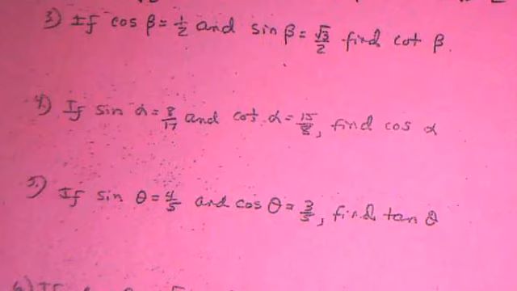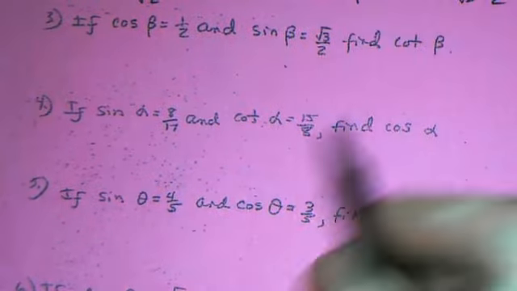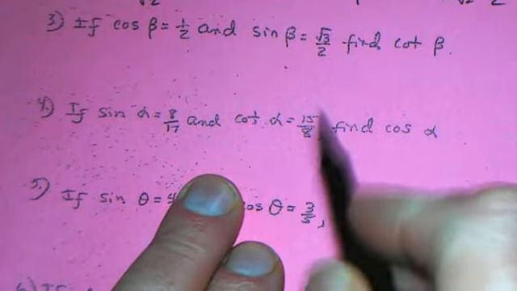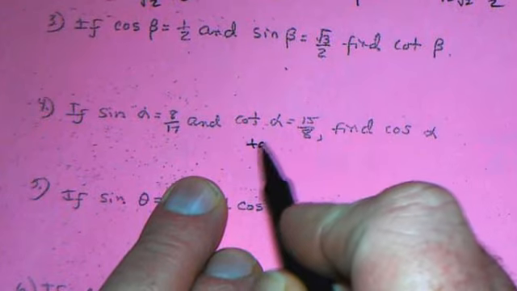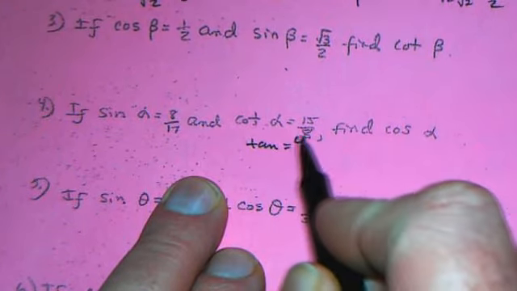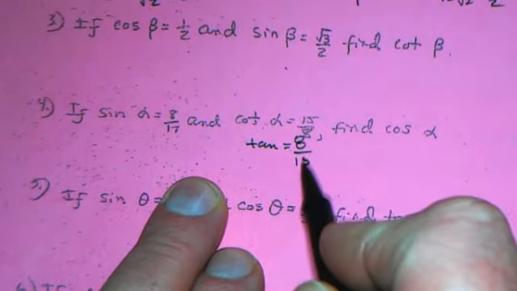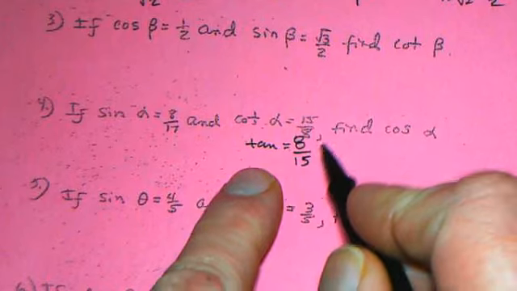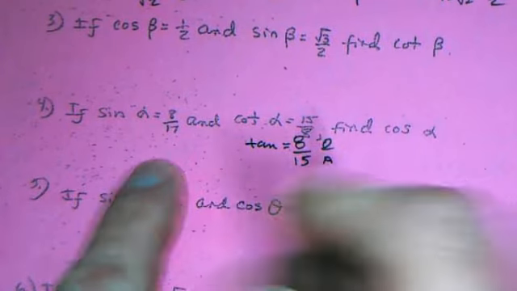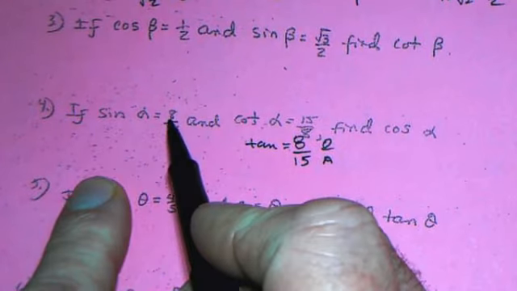So we want to label this information. Now cotangent is the inverse of tangent. So if cotangent is 15 over 8, tangent must be 8 over 15. And we want to use that to set up the triangles. Tangent is opposite over adjacent. It's telling us that sine is 8 over 17.